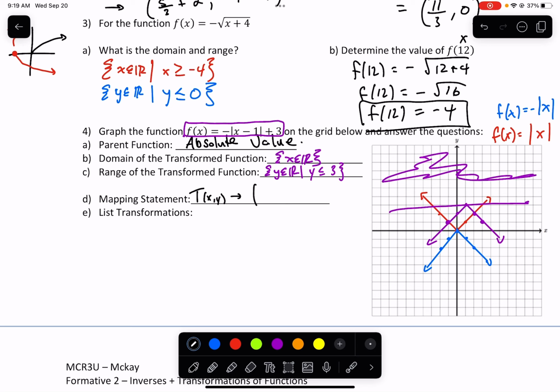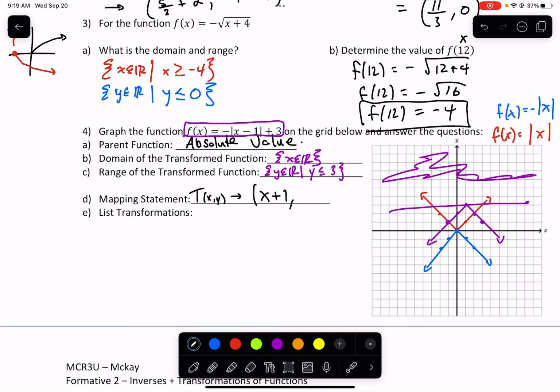Negative 1. Oh no, my bad, it was -1, but plus what? 1. Well, which one is it, Sophie? You've given me many answers now. It's plus because we added 1 to the x values in order to get it to go to the right. So it's x plus 1 is the only transformation there in the mapping statement.